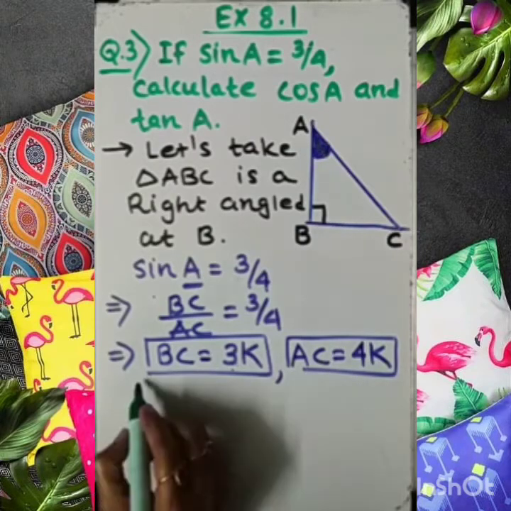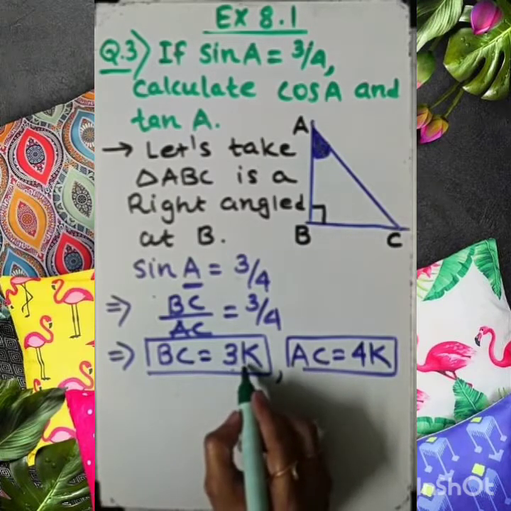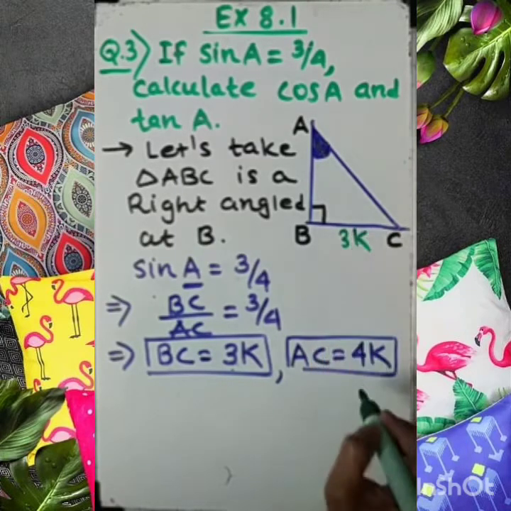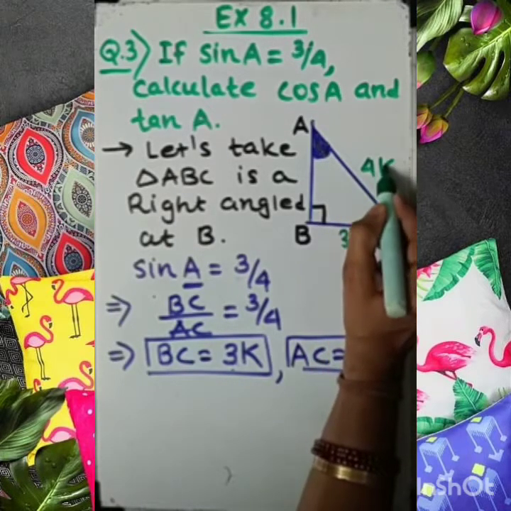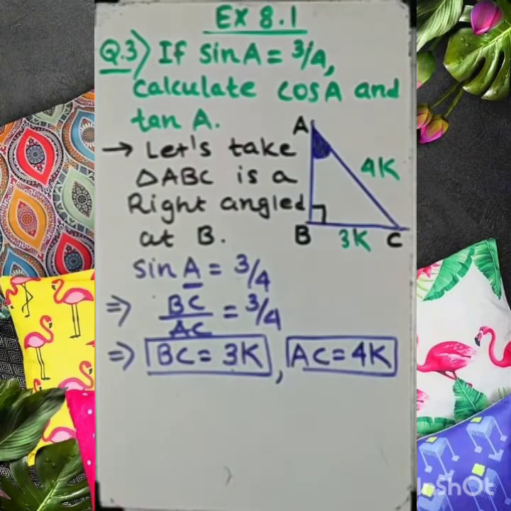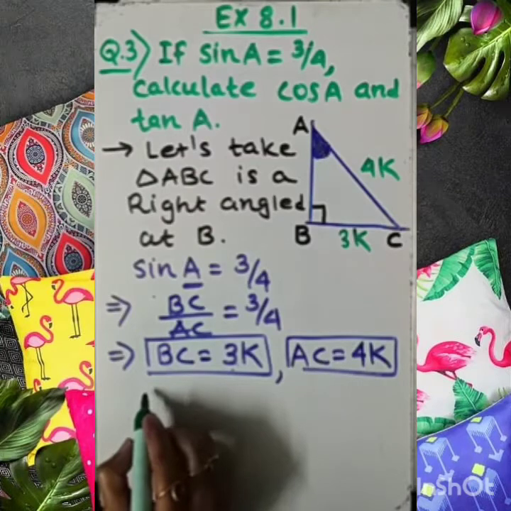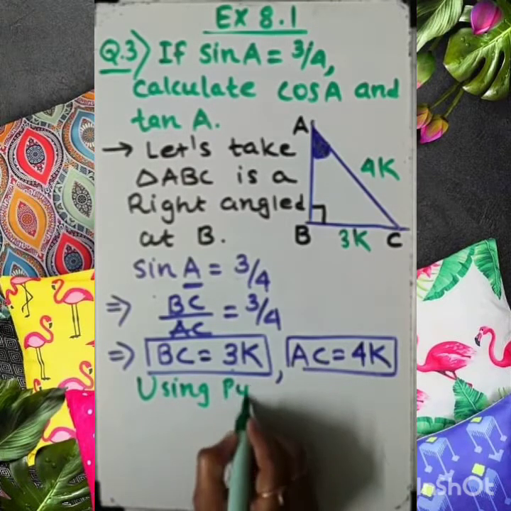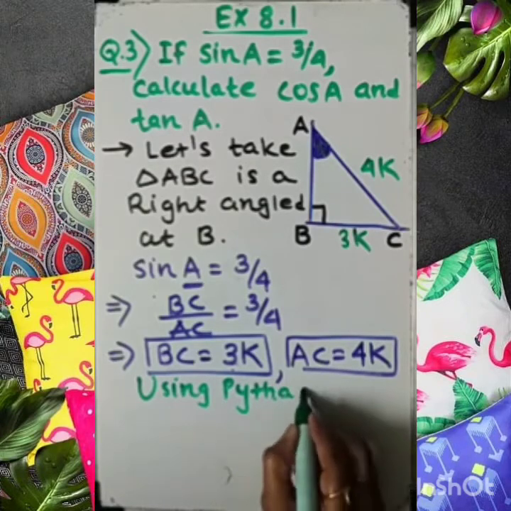Now what to do? If BC equals 3K and AC is given as 4K, then of course AB will become what? For that we need to do one calculation. First we will apply the Pythagoras theorem.